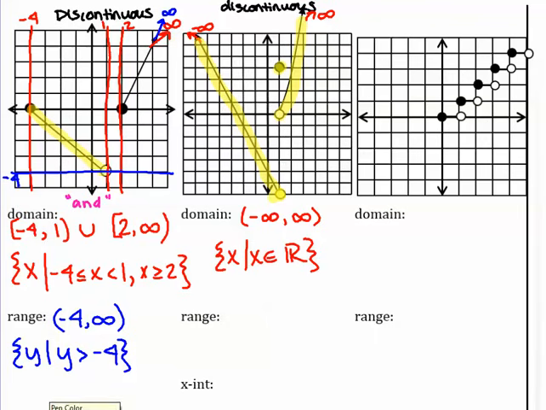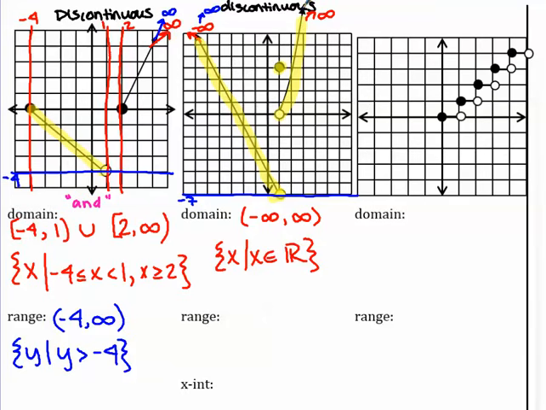For the range, we want to start with the lowest point, which is here at -7. Then this branch of the function continues going up to positive infinity. The other branch starts at 0 and goes to positive infinity.